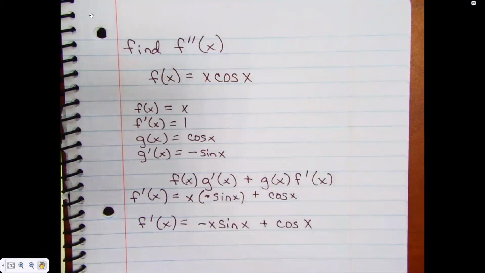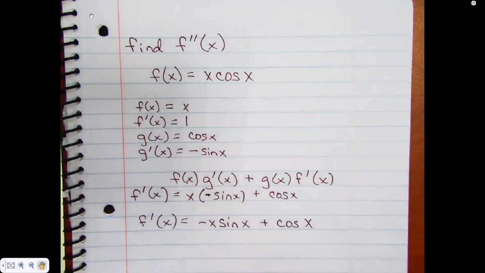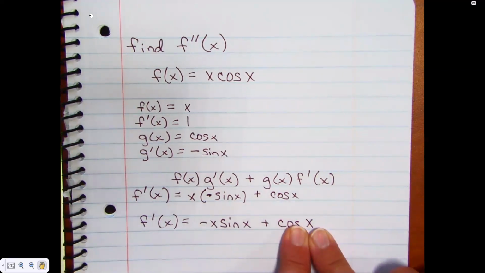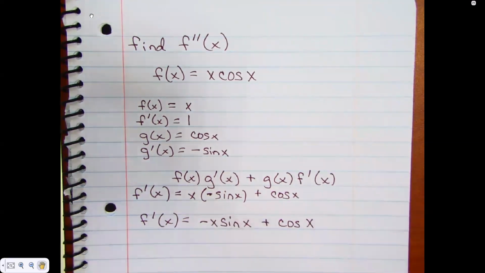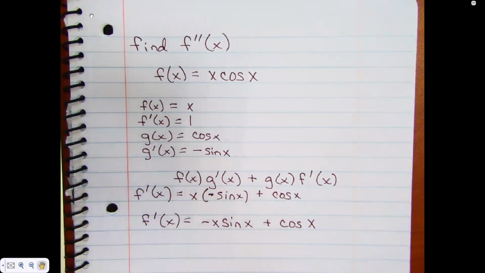Remember, for adding and subtracting, you get to do it one at a time. We usually saw like 3 or 4, and then we did one at a time. So here it's kind of nice, there's only 2, but then sometimes we lose this one. So we're going to do this one first, then we're going to do this one. It just so happens that the first one happens to be the product rule.